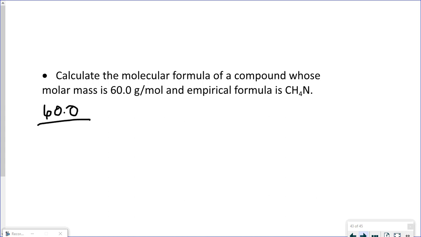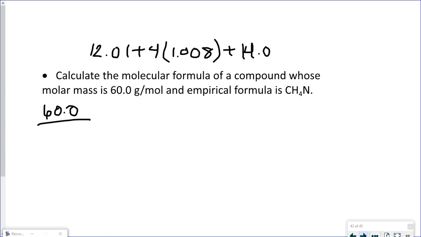So for CH4N, carbon is 12.01. We have 4 hydrogens. Hydrogen is 1.008. And add to that nitrogen that is 14.01. And if you put that in the calculator, you get 12.01 plus 4 times 1.008 plus 14.01 is a molar mass for the empirical formula of 30.052.